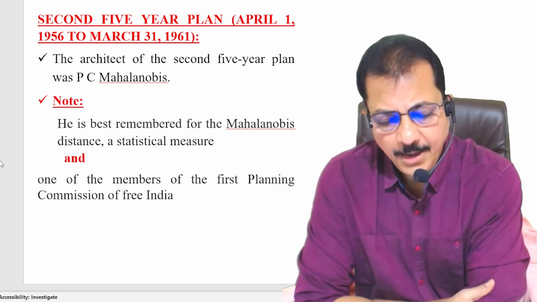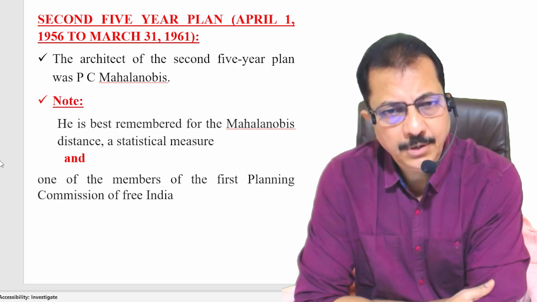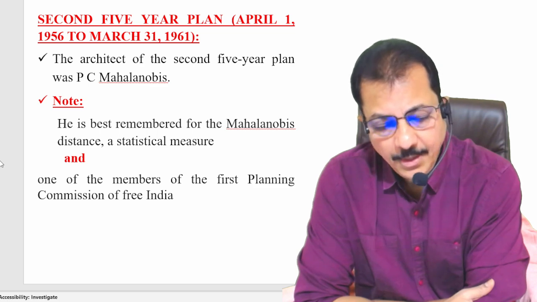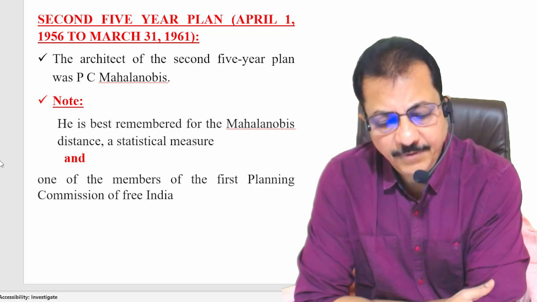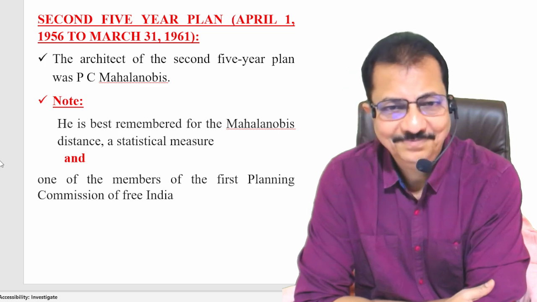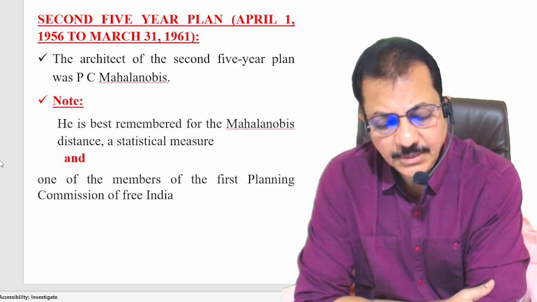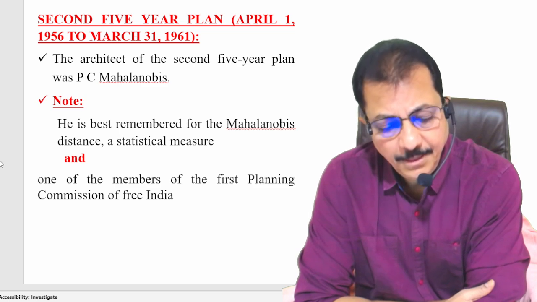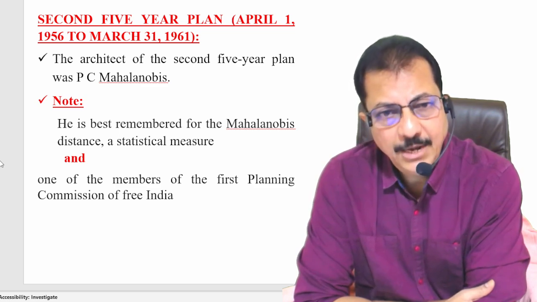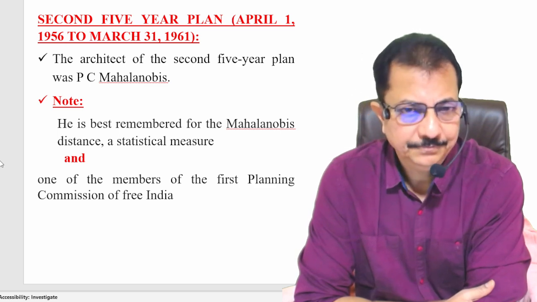Clear? And the second 5-year plan is called the Nehru-Mahalanobis model. I told you already, the architect of the second 5-year plan was PC Mahalanobis. Clear? We have discussed, right? This great personality is best remembered for the Mahalanobis distance, a statistical measure.